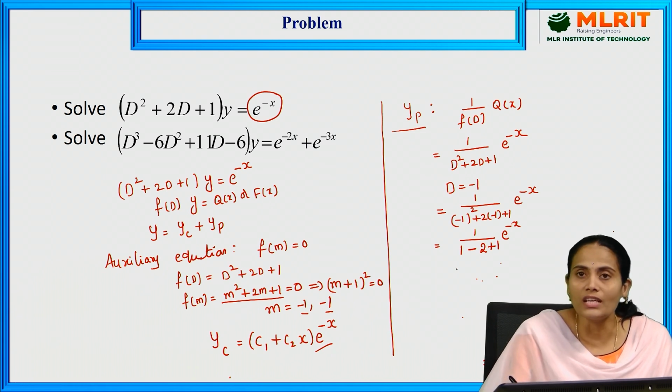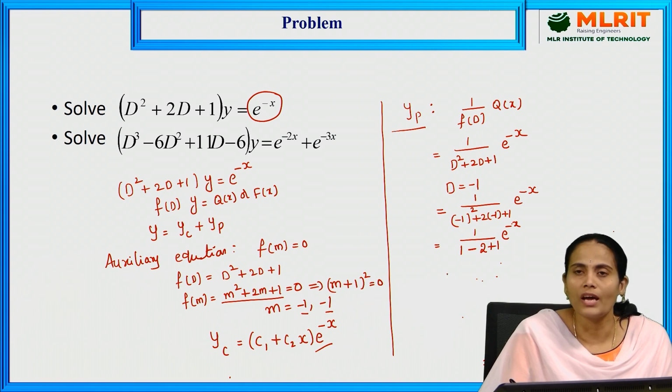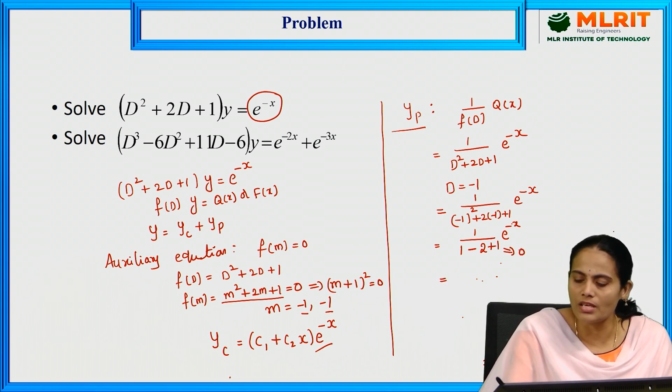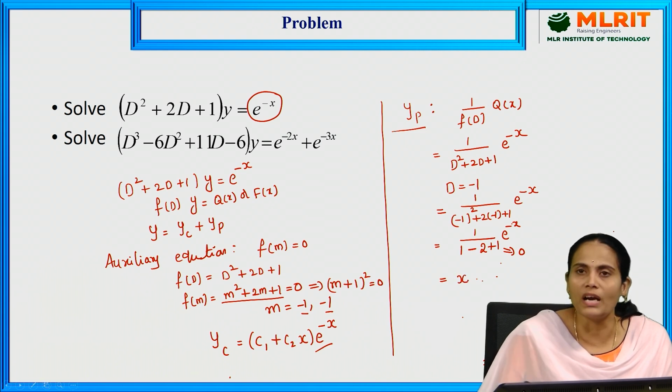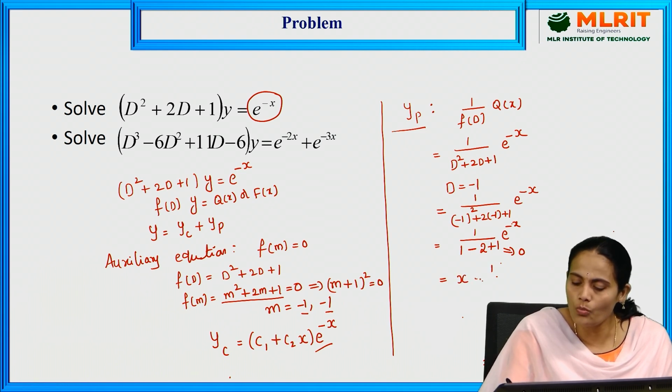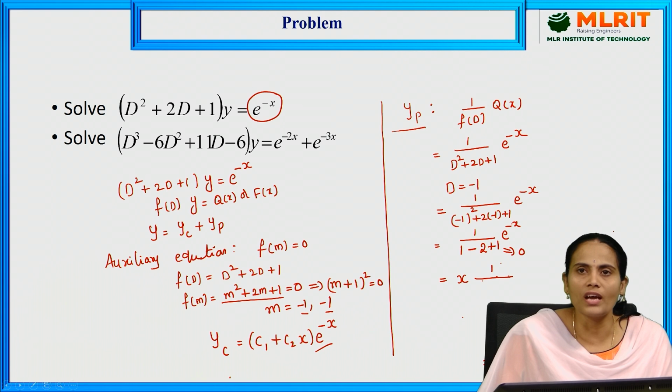So now here the denominator gives 0, so we have to do the differentiation by multiplying with x into 1 by the derivative of f of D with respect to D.